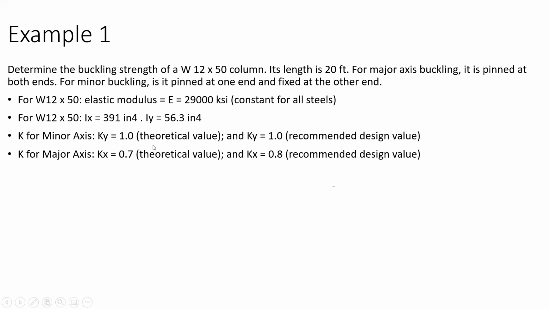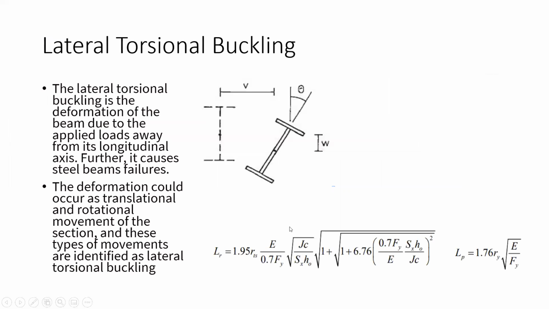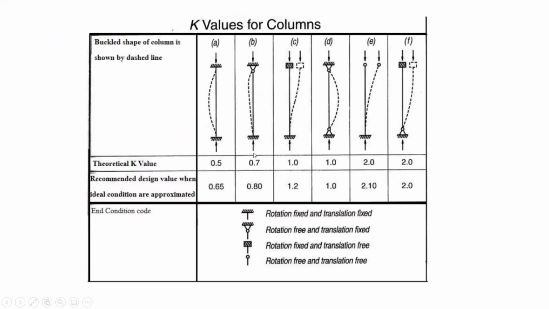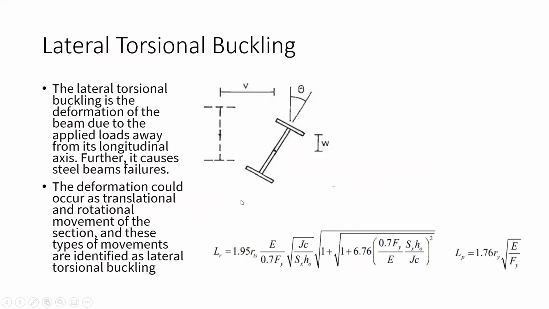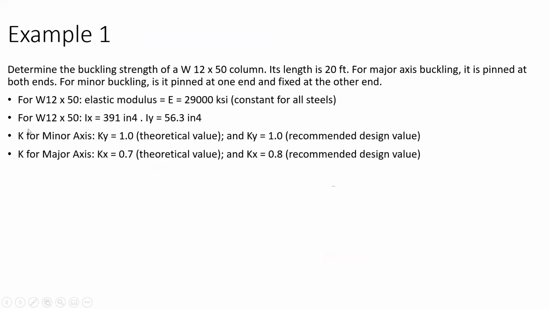For minor buckling, it is pinned at one end and fixed at the other end. So, pag pinned and fixed, K natin is 0.7, recommended value is 0.8. Okay? Ang hinahanap is, hanapin natin yung buckling strength.